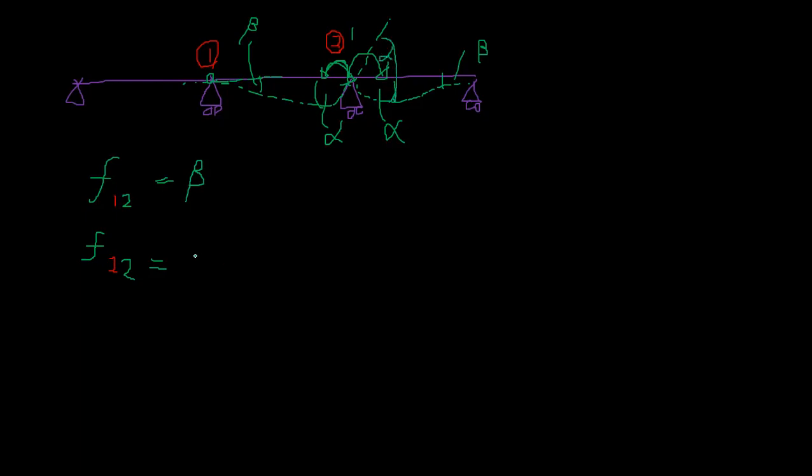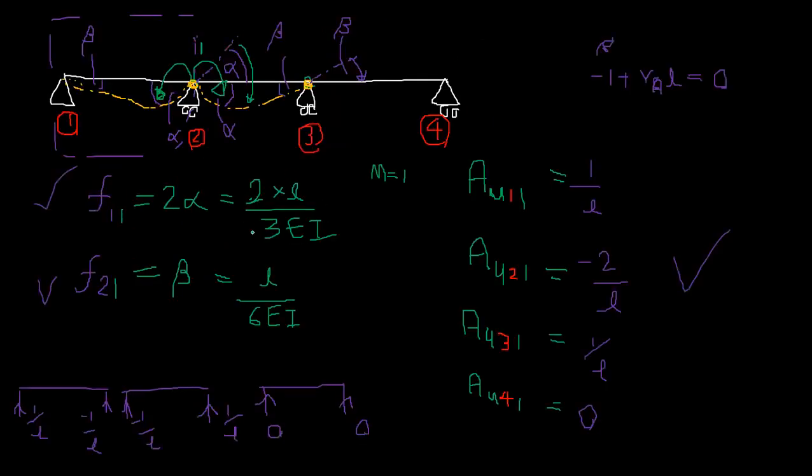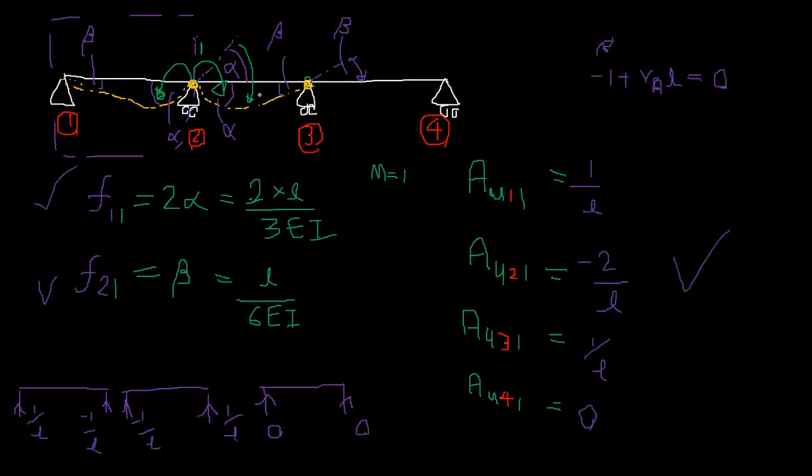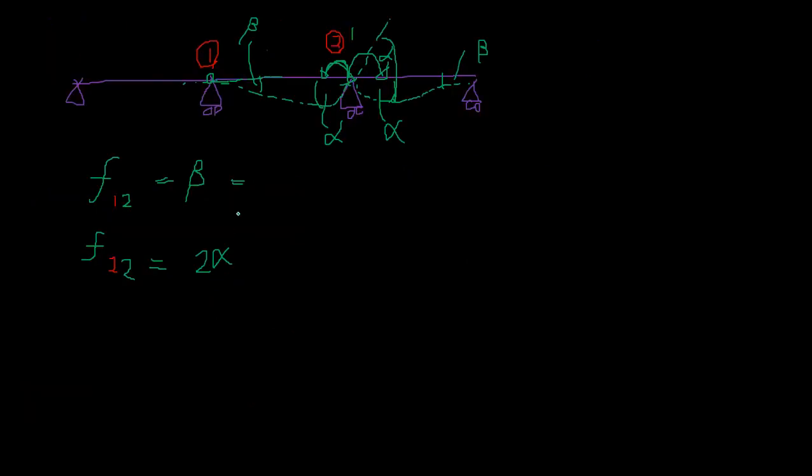This is also alpha. So you can see the same, right? Because the redundant forces are same, in a similar manner the alpha value is also same, the beta value is also same, L over 6EI. So as I told you, F12 should be exactly equal to F21. Otherwise, you have made a big mistake. F22 is 2L over 3EI.